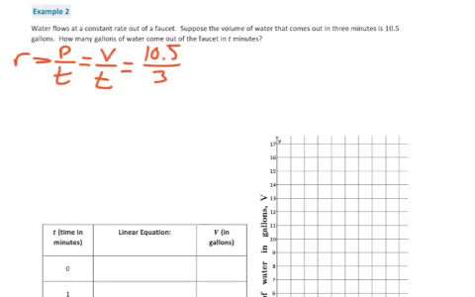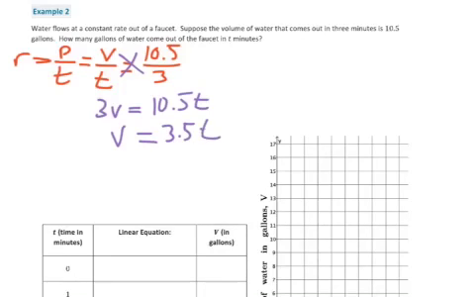So let's do our cross multiplication here. That's going to give me 3 times our volume equals 10.5 times t. So now divide both sides by 3, and you get 3.5t.